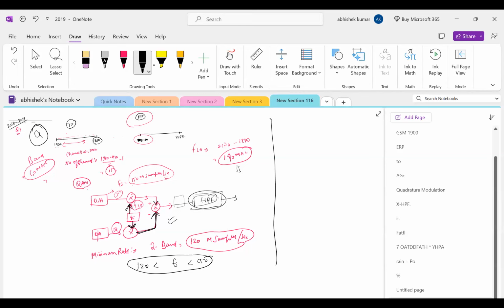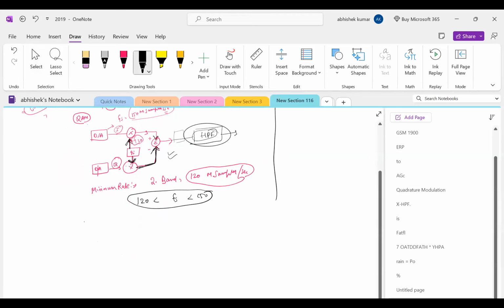Yes, you have to give detail. You can write high pass filter there. You can draw the graph of the high pass filter also. A high pass filter graph looks like that.